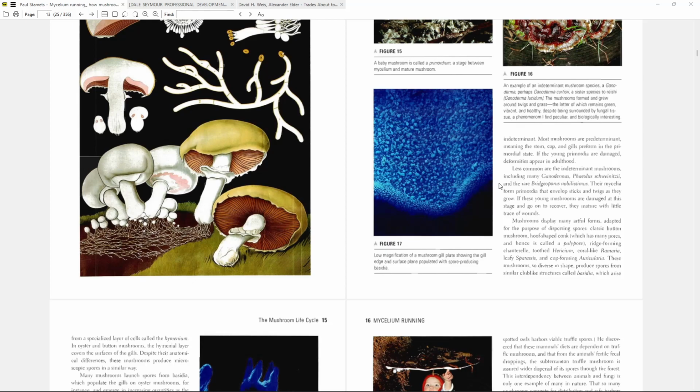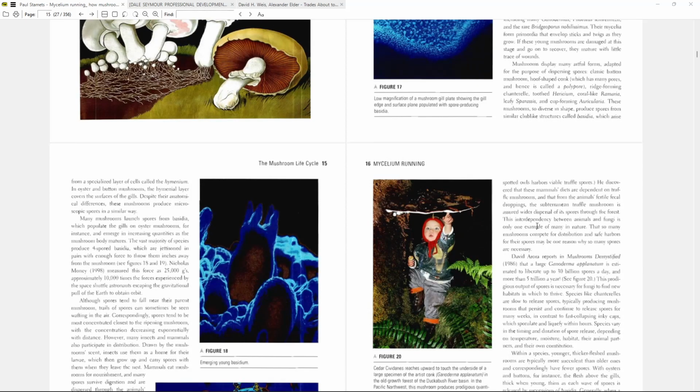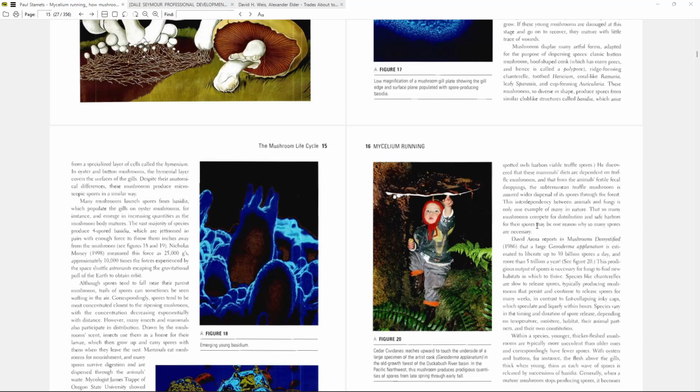These mushrooms, so diverse in shape, produce spores from similar club-like structures called basidia, which arise from a specialized layer of cells called the hymenium.